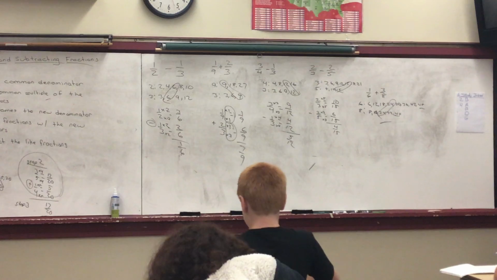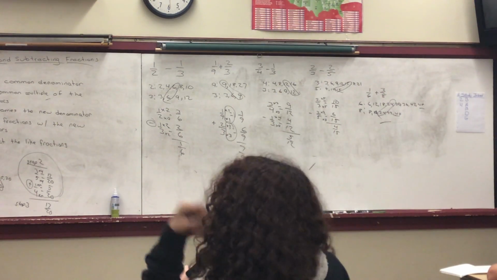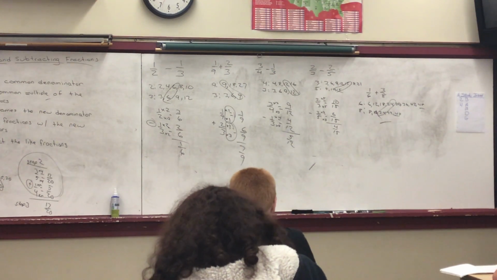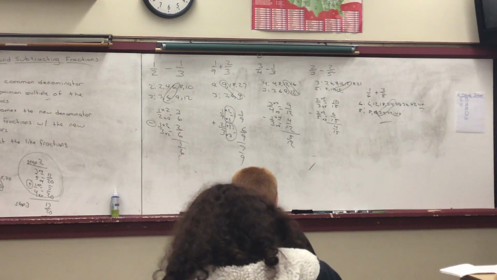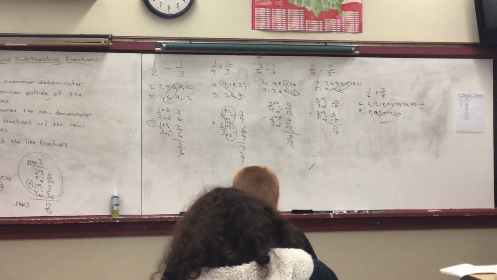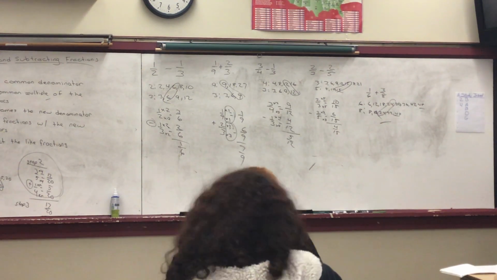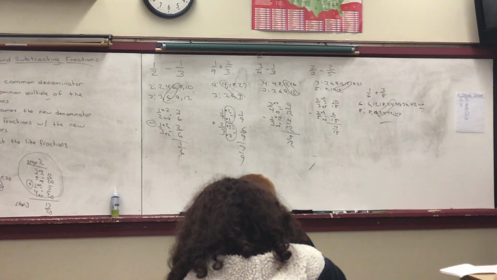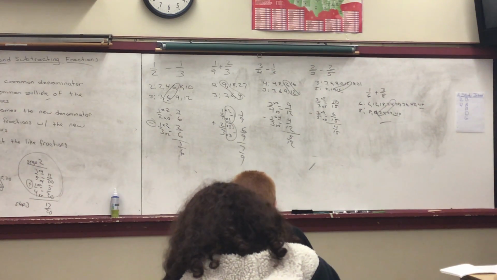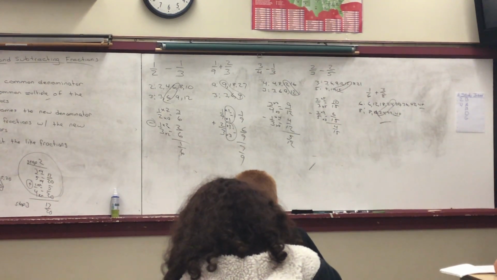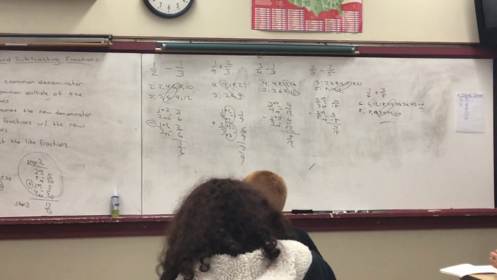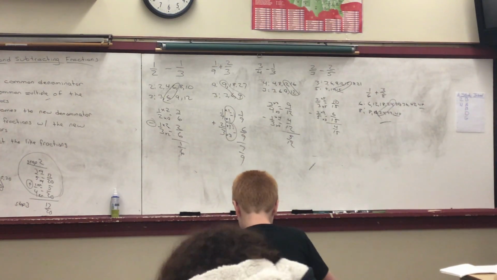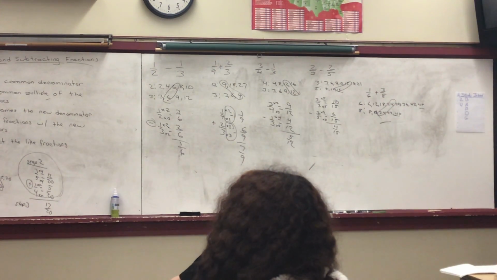So you're going to do 13 through 18, 20, 23, 24, 26, 28, 29, 31, and then 35 and 36.